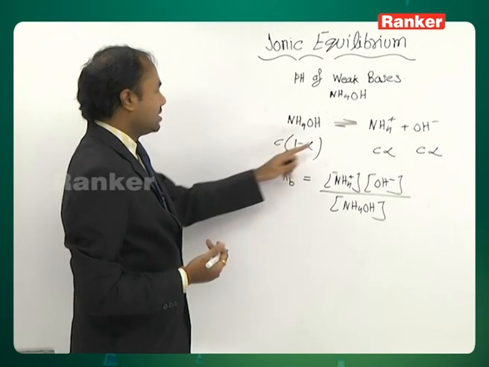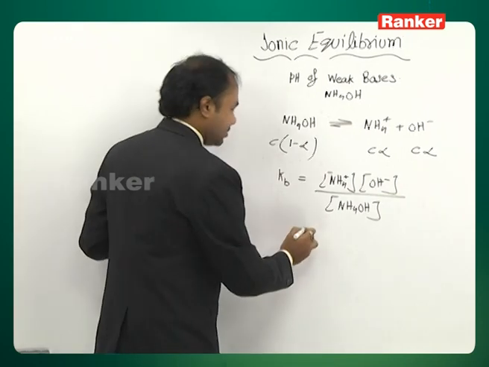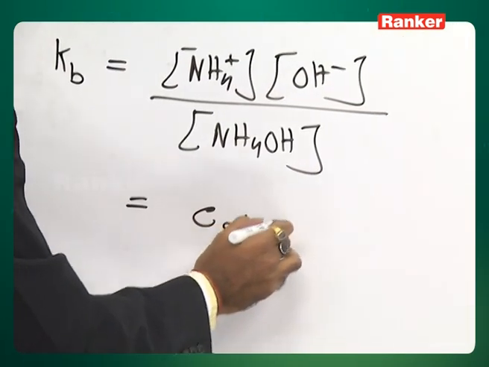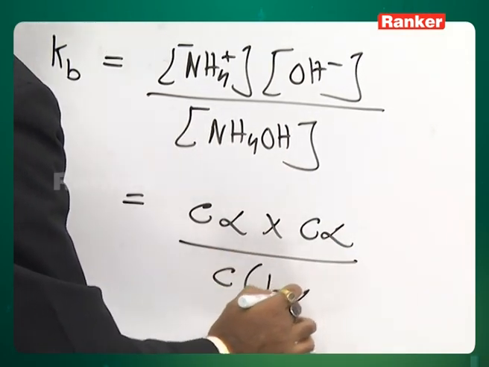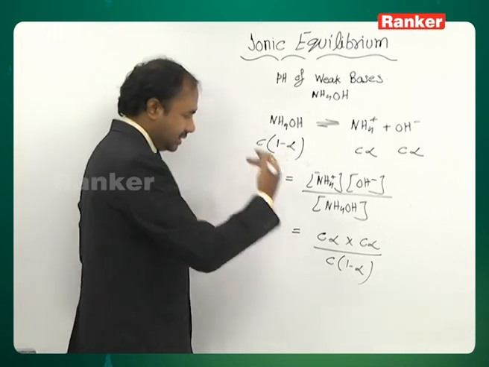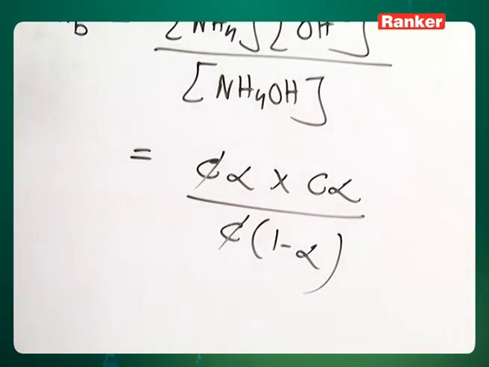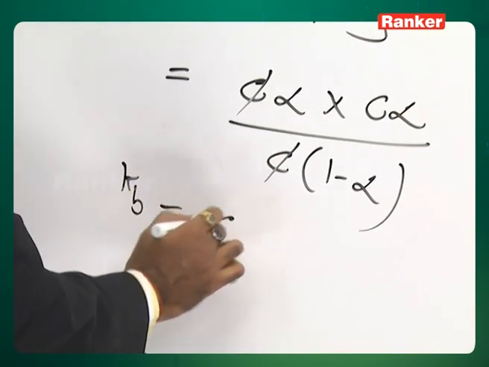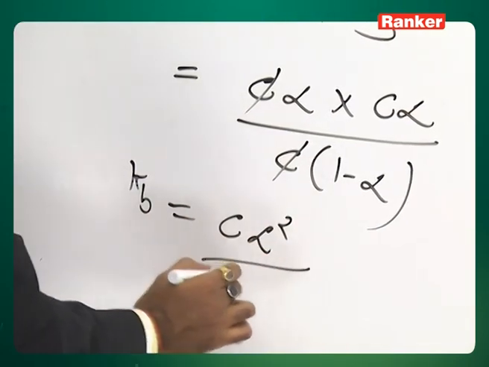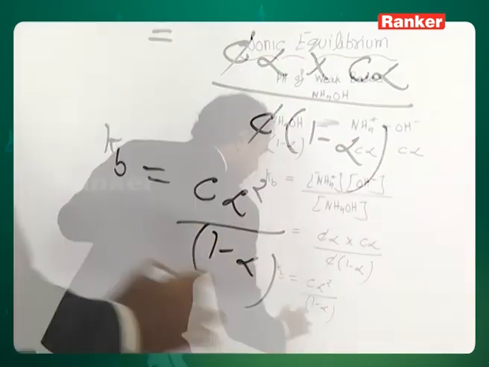Right? Now substitute the values. This becomes equal to C alpha into C alpha upon C into 1 minus alpha. Again, same thing exactly, so you can check now, C gets cancelled. We get Kb as equal to C alpha square upon 1 minus alpha.